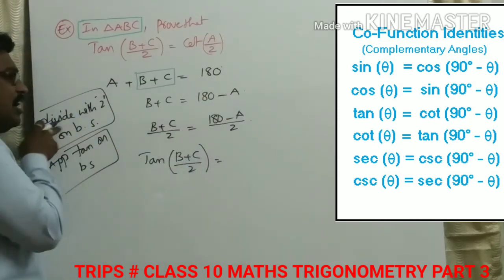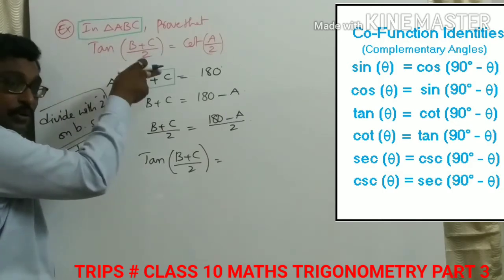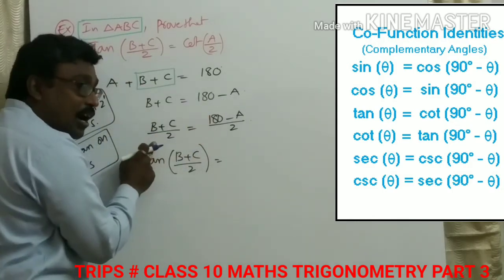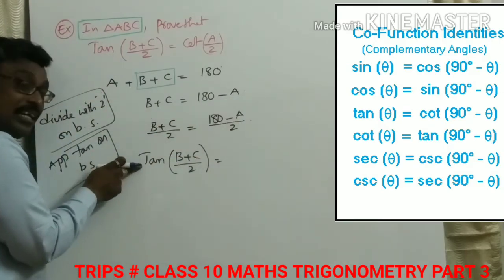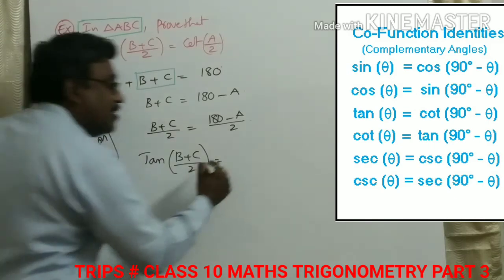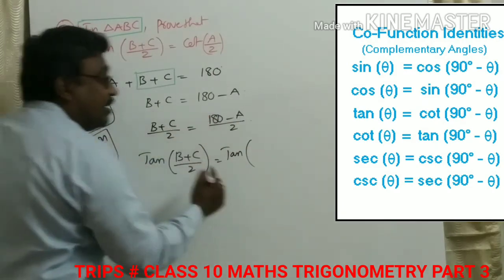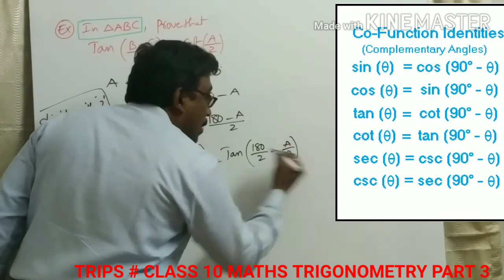Why did I divide by 2 only? Because in the question, B plus C by 2 is there. So B plus C by 2, dividing by 2 on both sides, gives 180 minus A by 2. Now, why am I taking tan only? Here tan is given, so apply tan on both sides. Now I am separating the denominator here: 180 by 2 minus A by 2.